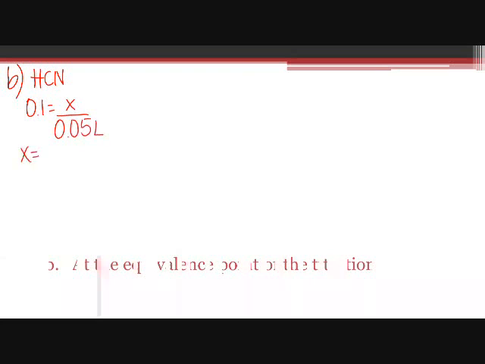So that means that if you multiply those, I put it in scientific notation, 5 times 10 to the negative 3 moles. So that is the moles of the acid. So at the equivalence point, we know that we will also have 5 times 10 to the negative third moles of base, the sodium hydroxide.